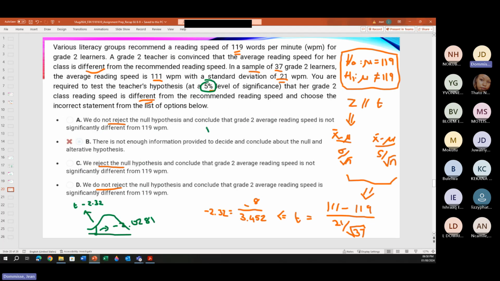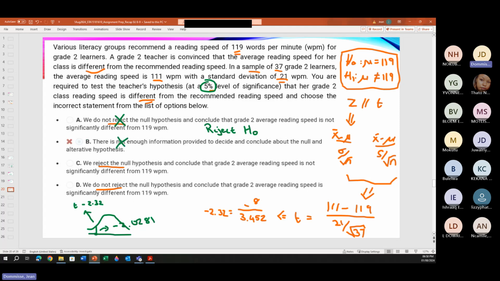So let's just write down that we remember we're going to reject the null hypothesis. Okay, we do not reject the null hypothesis, so that one is wrong. There is not enough information provided to decide. That is wrong.